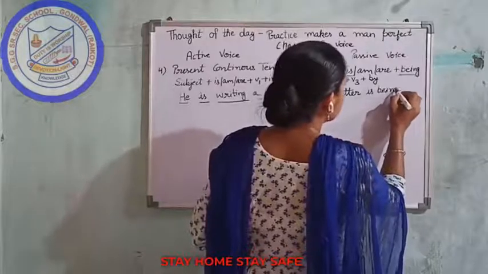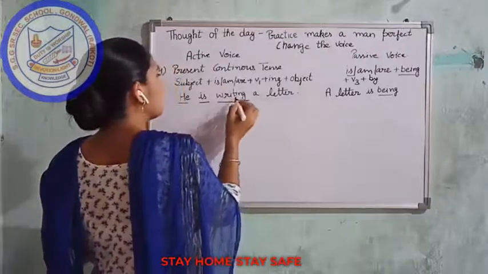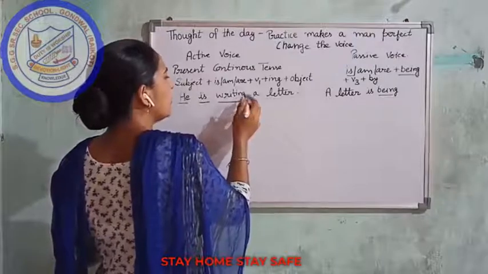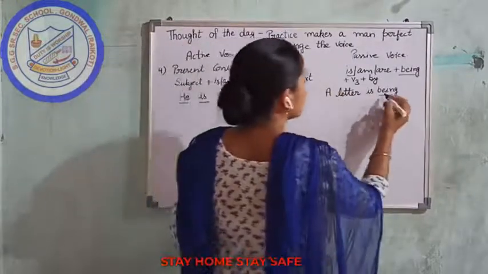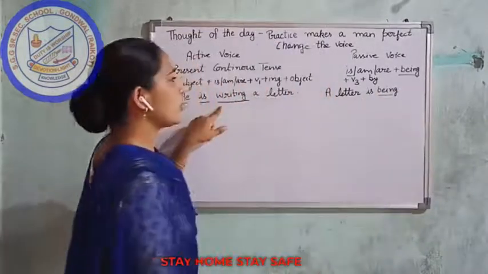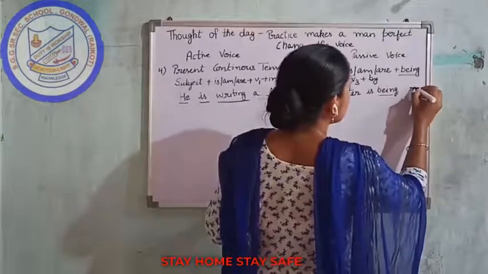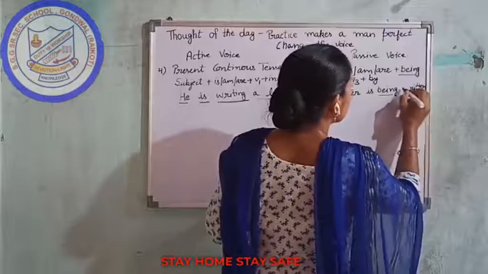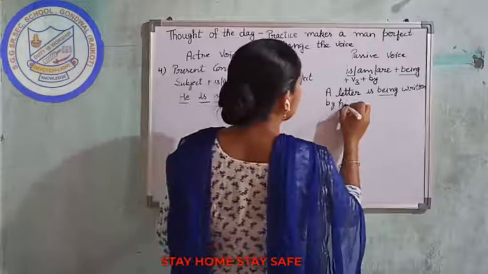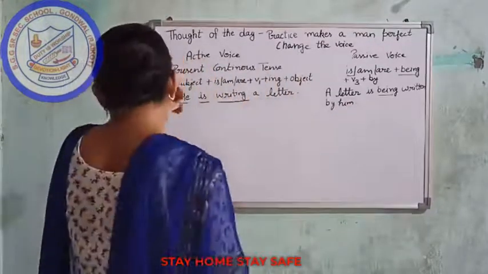Why we will put here being? Because in active form there is ing with V1. We will remove it from here and add it with be, being. Then B3, write, wrote, written. A letter is being written by him. Is it clear, students? Yes, very good.